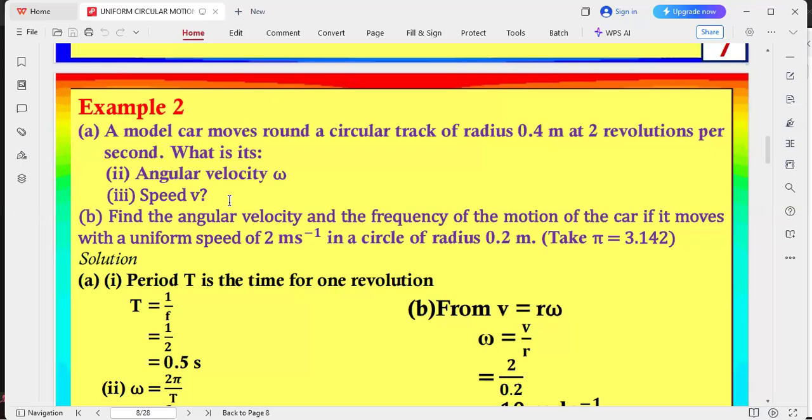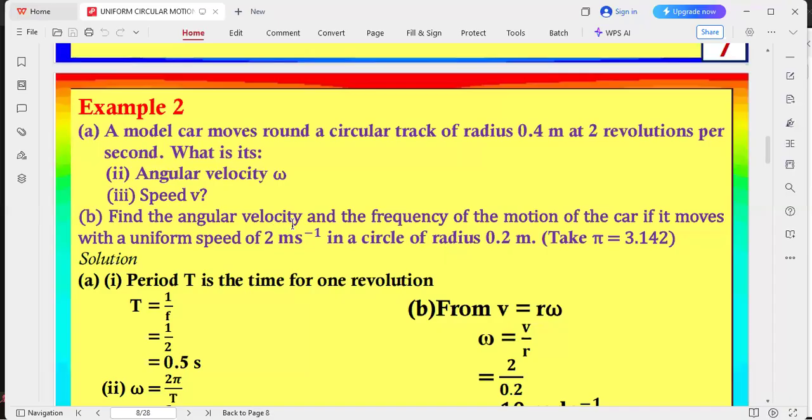Hope it's clear for everyone. If you have a question, raise your hand. B, find the angular velocity and the frequency of the motion of the car if it moves with a uniform speed of 2 meters per second in a circle of radius 0.2 meters. They have just changed the quantities, but the working is the same.